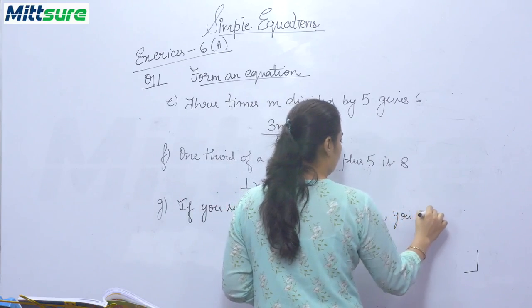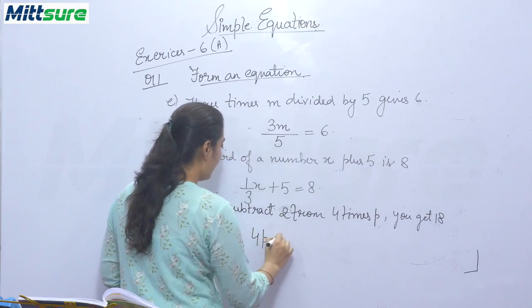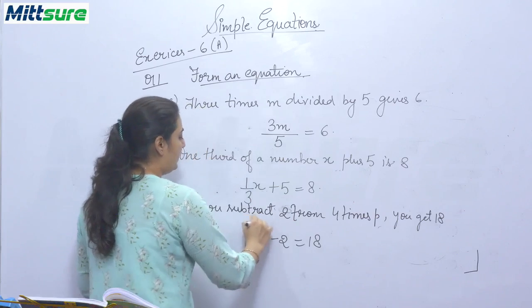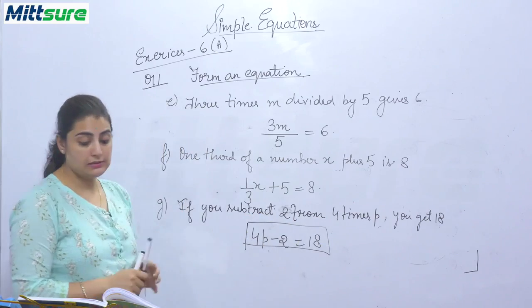So 4p minus 2 gives you 18. This will be the equation for the given statement.